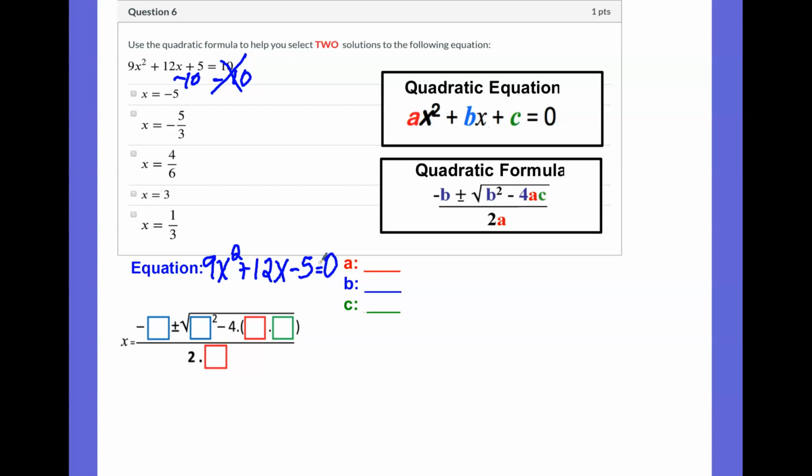So that is my equation, and now the equation is equal to 0 and I can find A, B, and C. So I know that this is A, this is B, and this is C. So A is 9, B is 12, and C is -5.